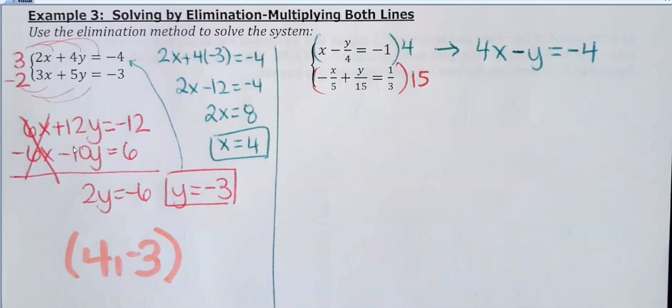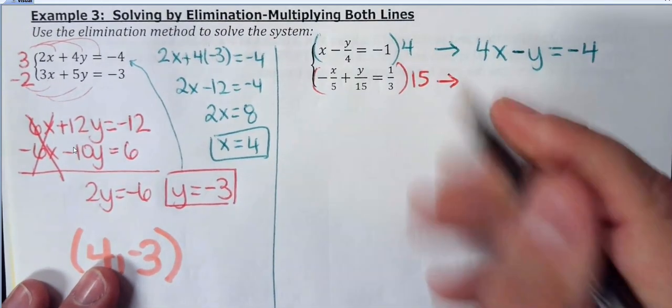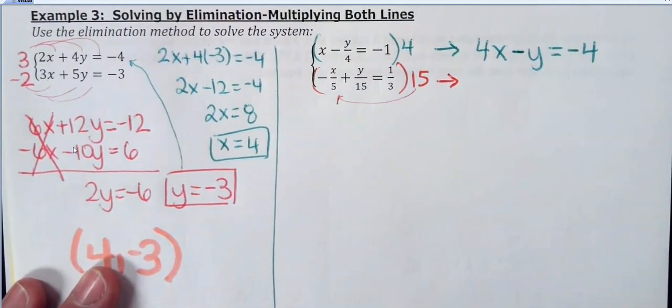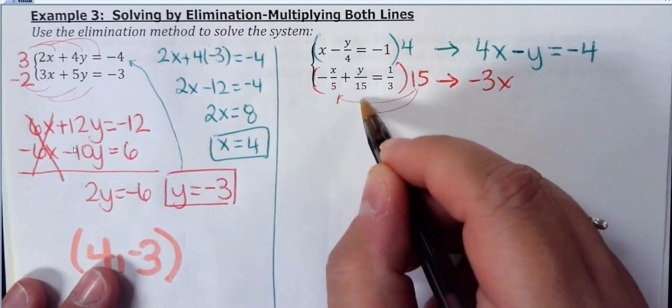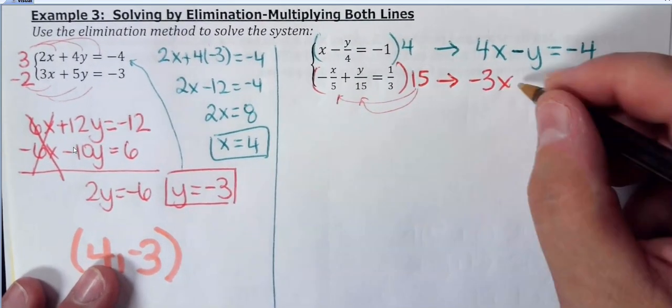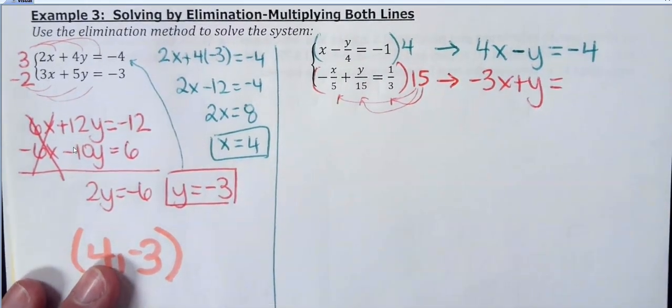What? This is very tricky. What would you write as your first term if you multiplied this negative x over 5 by 15? Perfect. Negative 3x. Okay, what would you write down if you had the y over 15 times 15? Plus y. And what about the 1/3? Equals 5.